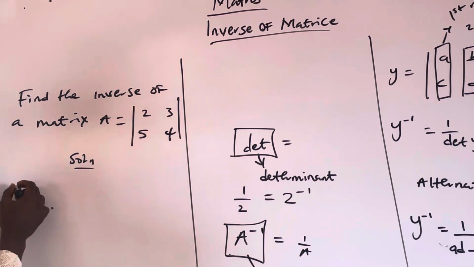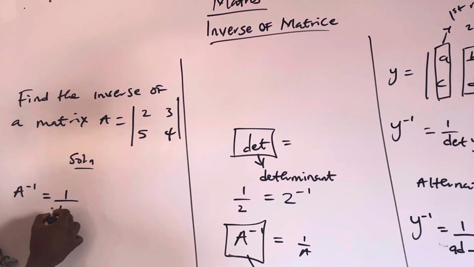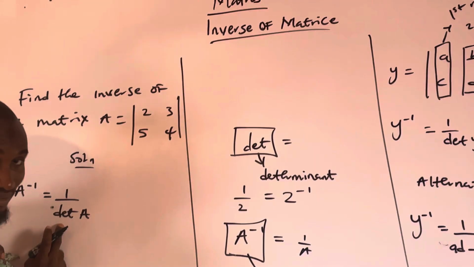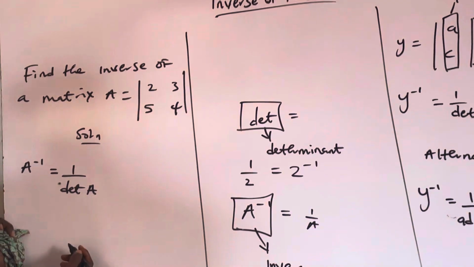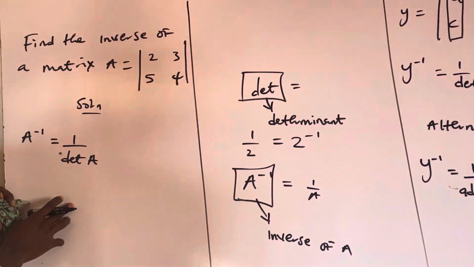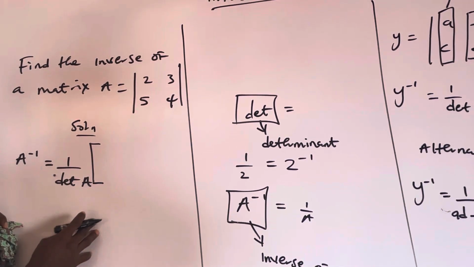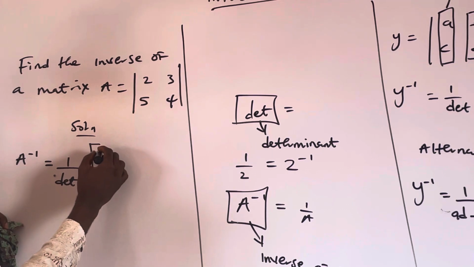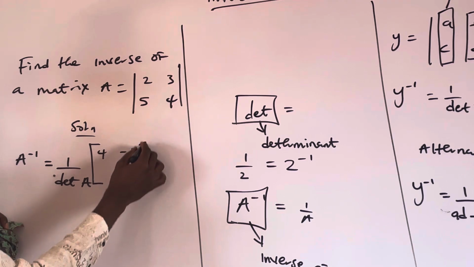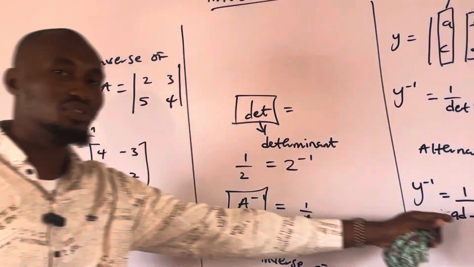A inverse is going to be 1 over det A. Don't forget that I told you that this thing means determinant. Since it means determinant, here is going to be 4, minus 3, and here will be minus 5, 2, based on what I told you here.